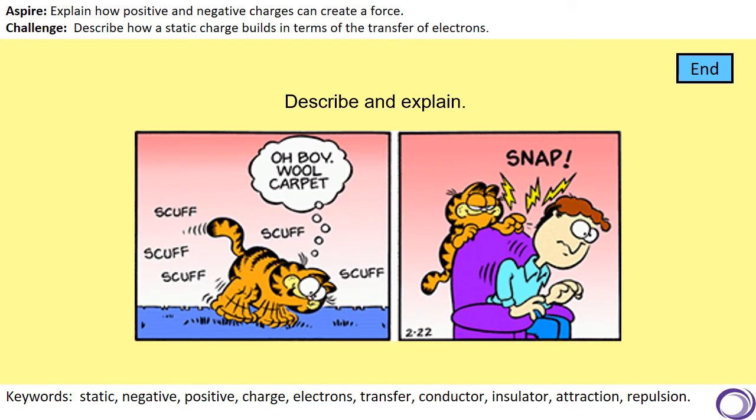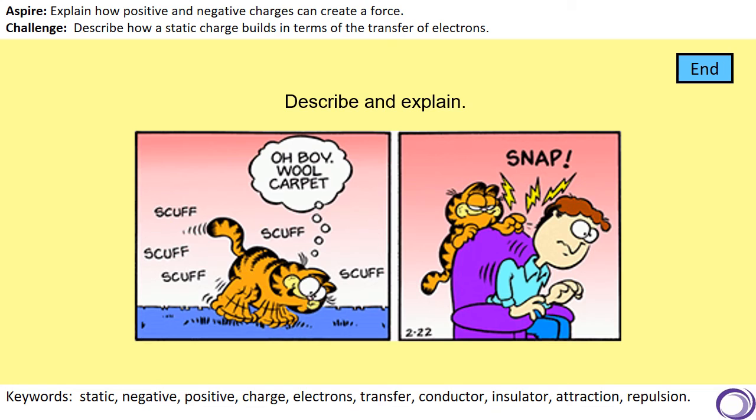We don't know what sort of charge Garfield gets, so you could answer this question two ways around. It's easier to say this way first. Garfield rubs his feet against the wool carpet, so we've got two different materials, and by friction Garfield will pick up, let's say, extra electrons. He will be taking electrons off the carpet, so Garfield will end up negative, and the carpet will be less positive.